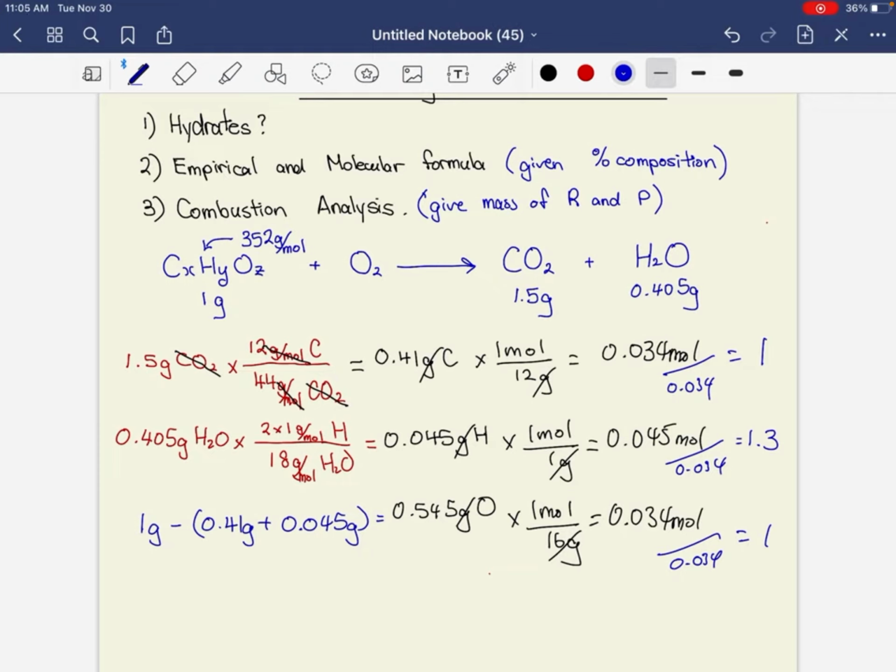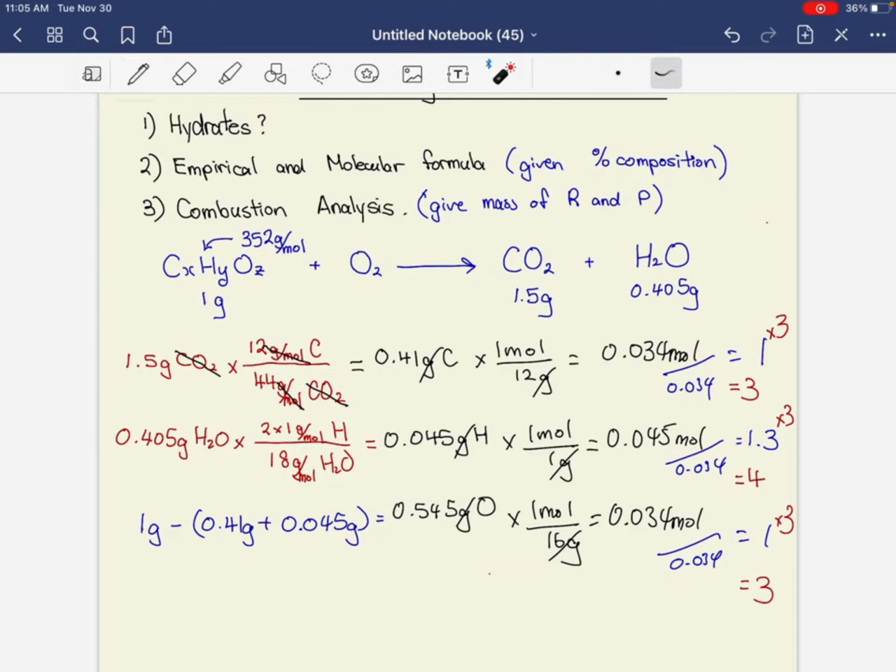Okay, we can't say hydrogen is 1. 1.3 cannot be rounded to 1. We mentioned this many times. So we're going to have to do some multiplication. We are going to multiply everybody by 3. Because by doing that, carbon is 3, hydrogen is 4, and oxygen is 3.